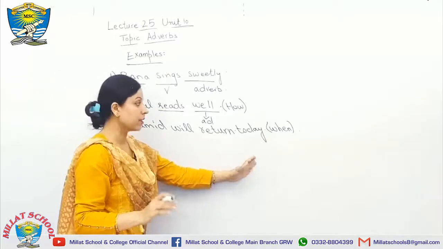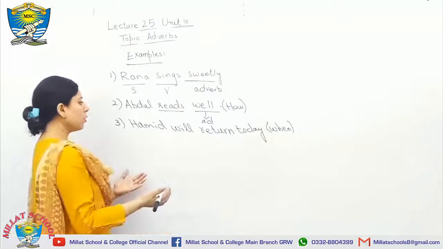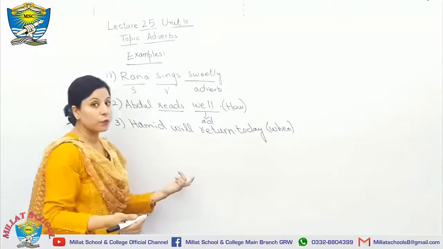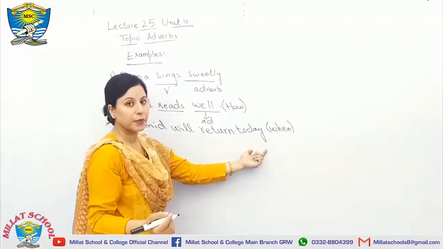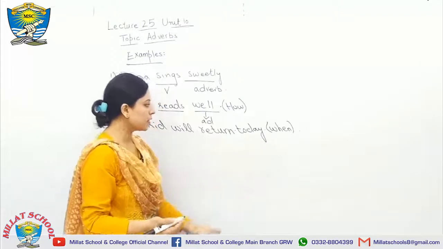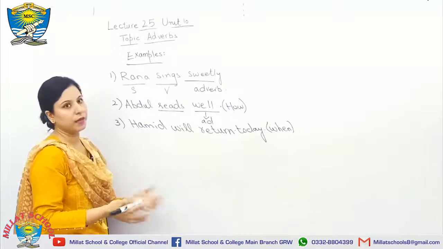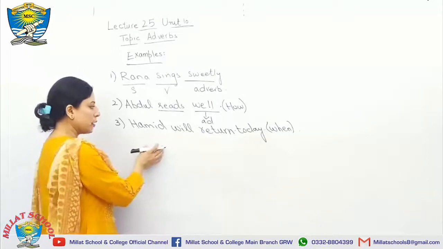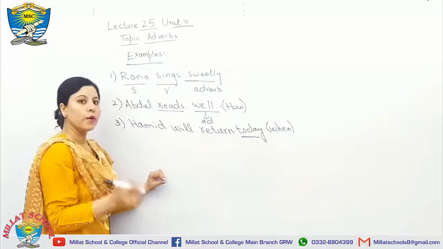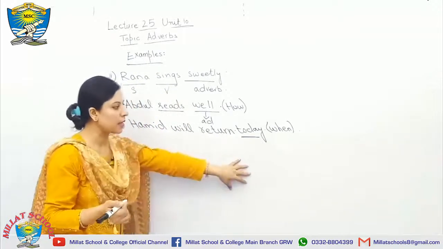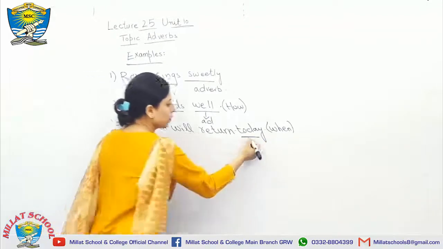We all know that Hamid will return, but if we are giving a specific timing of when Hamid will come, today, this will be our adverb. So today, tomorrow, last week, all these timings of when are known as your adverbs.